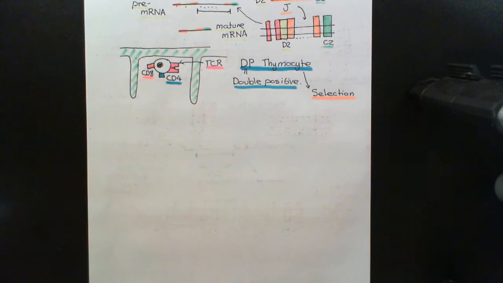So, to talk about this, we need to go back to our discussion of the adaptive immune response. So far what we've seen of the adaptive immune response is that these antigen-presenting cells are going to present fragments of antigens from the pathogen on MHC molecules. And those fragments will be on MHC class 1 if the pathogen was an intracellular pathogen, whereas they'll be on MHC class 2 if the pathogen was an extracellular pathogen.